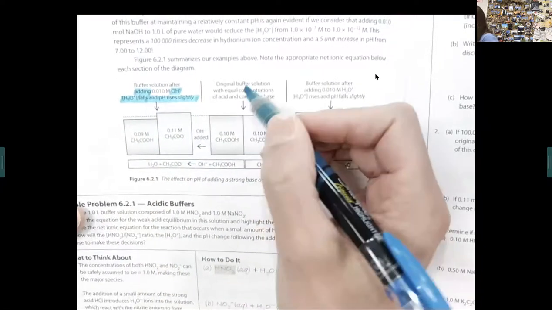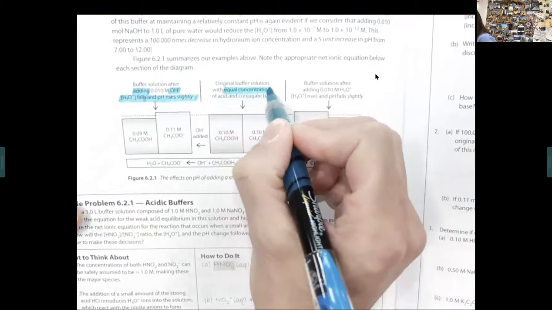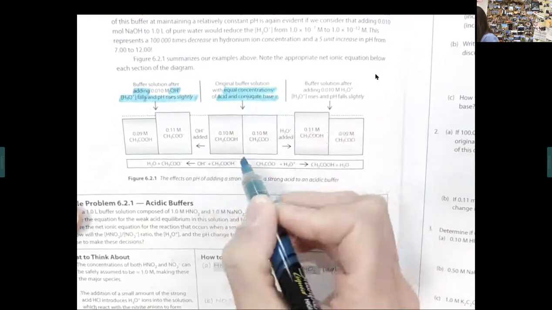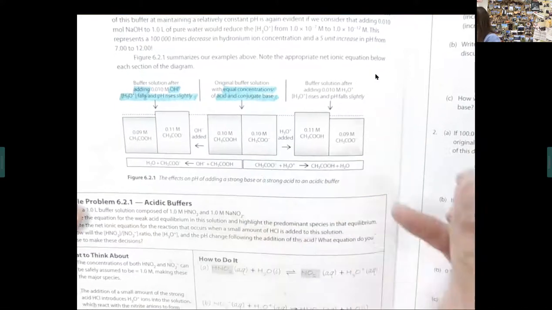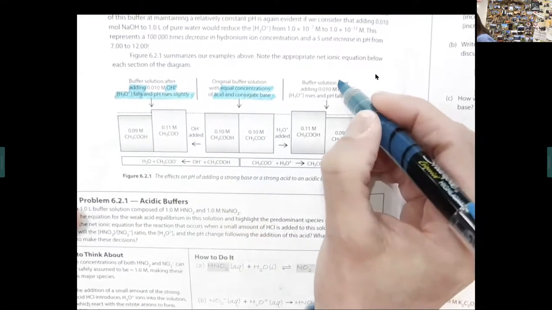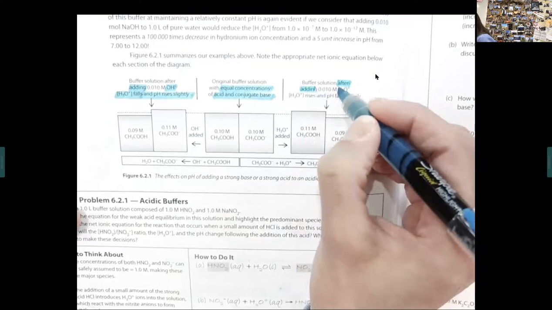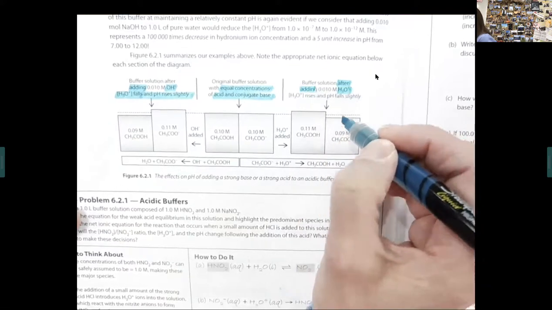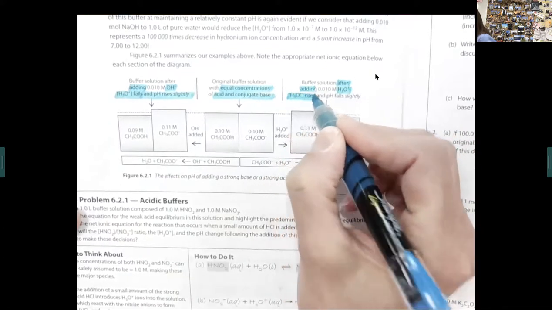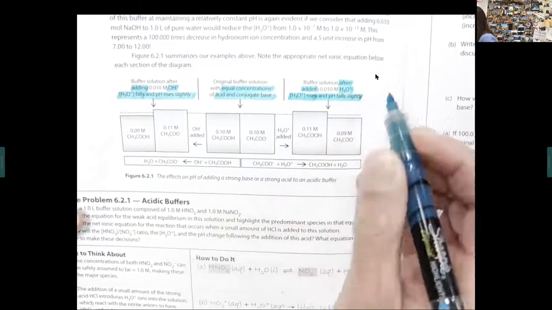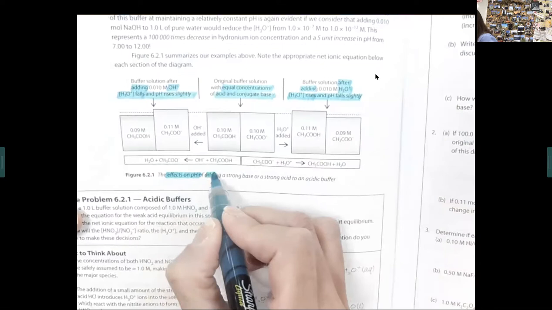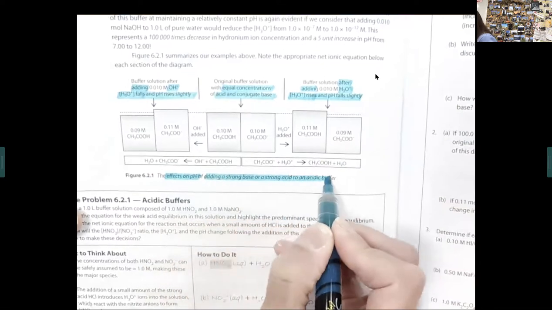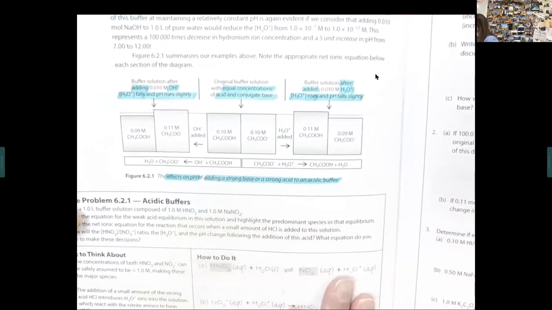In the middle here, this is showing you when you have equal concentrations of acid and conjugate base, how the concentrations of the weak acid and the conjugate base are equal. Over here, this is showing you after you add some concentration of hydronium ions, the hydronium ion concentration rises and the pH falls just slightly. So these are the effects on pH after adding a strong base or a strong acid to an acidic buffer.